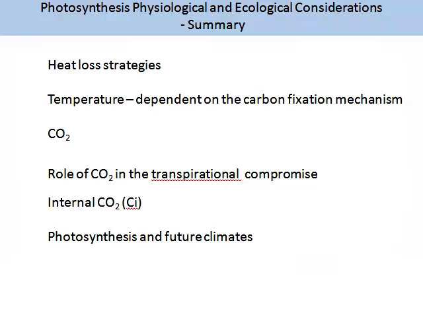We've examined and learnt about internal carbon dioxide levels, Ci, and how they reflect photosynthetic efficiencies. And we've also touched on future climates and how photosynthesis may be impacted. This brings us to the end of this lecture and to the end of the lecture series on photosynthesis.